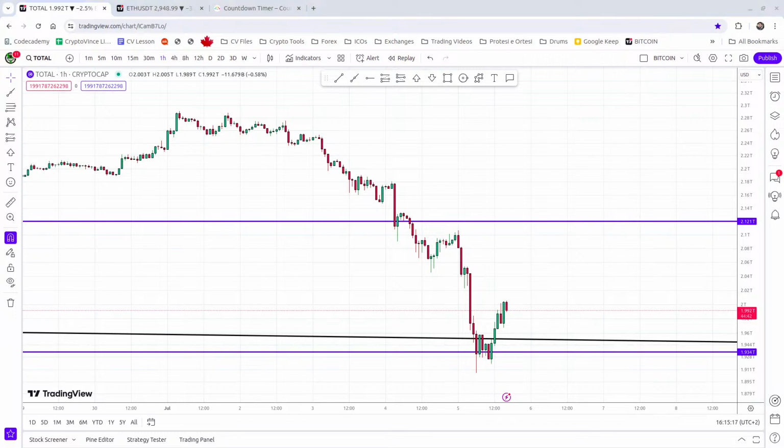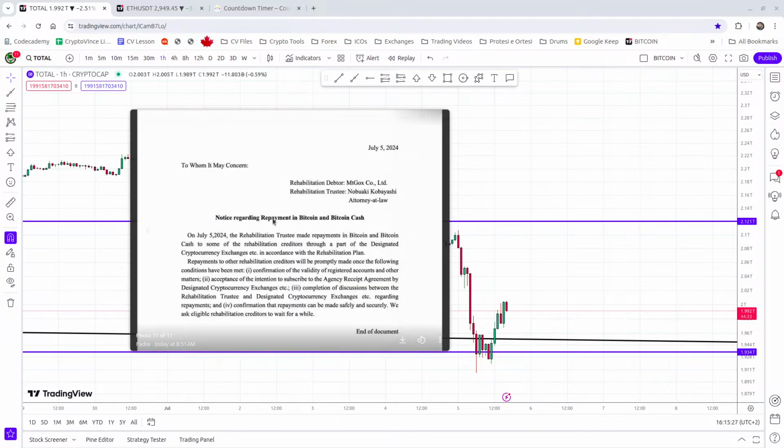Last thing I wanted to show you guys is the fact that MTGOX is repaying users, and today I actually got this from a friend. It stated that on July 5, 24, the rehabilitation trustee made repayments in Bitcoin and Bitcoin Cash to some of the rehabilitation creditors through a part of the designated cryptocurrency exchange in accordance with the rehabilitation plan.